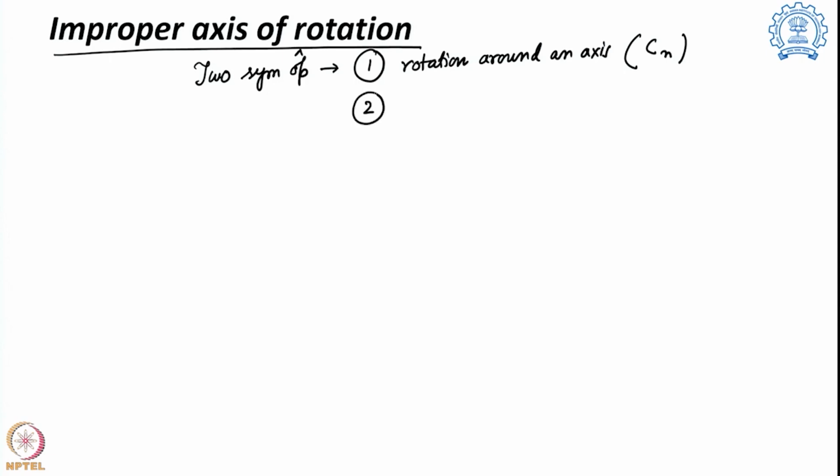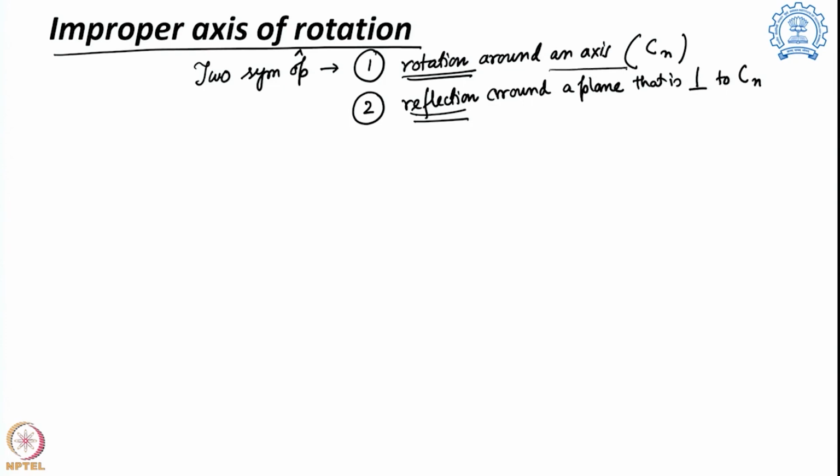Then we are going to do a reflection around a plane that is perpendicular to that rotation we have just done. So, we are going to do two symmetry operations. First is a rotation, second is a reflection. The rotation is going to happen around an axis and the reflection is going to happen around a plane, and they will be perpendicularly oriented.